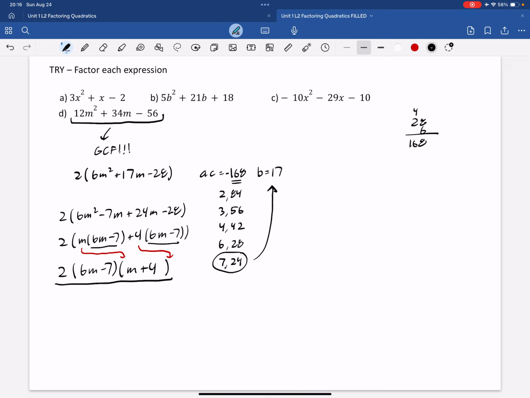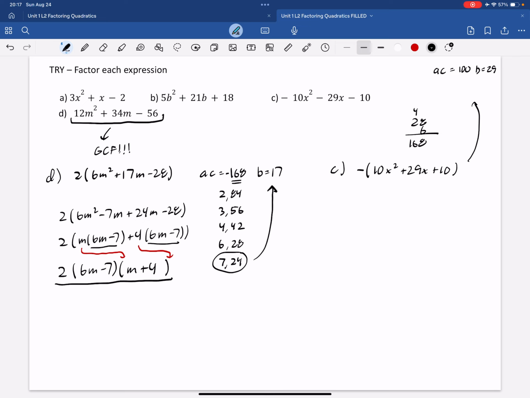So for C, I hate having negatives, so I'm going to take a negative out. And then we've got 10x squared plus 29x plus 10. So our AC, I'm gonna write up here to save some space. So our AC is positive 10 times 10, which is 100. And our B is positive 29.